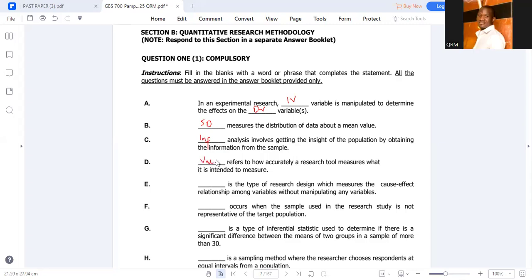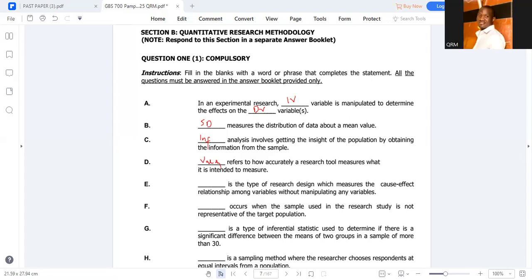Dash is a type of research design which measures cause and effect relationship among variables without manipulating any other variable. Quasi experiment? Do you agree? The quasi experimental, or just experimental?